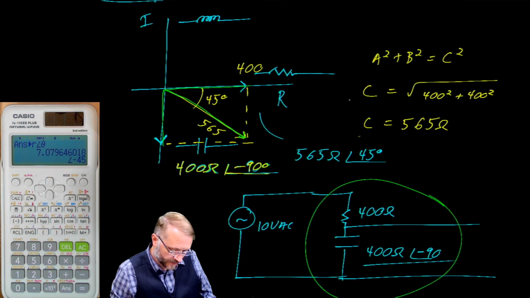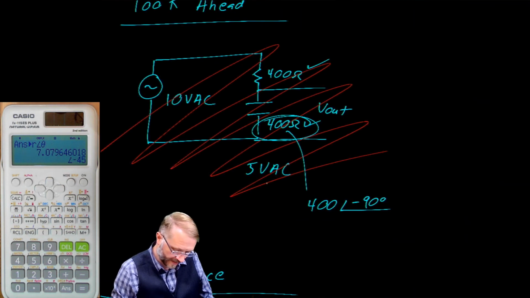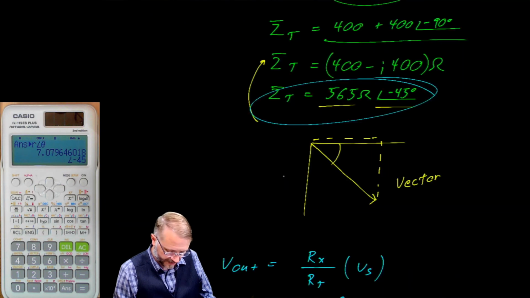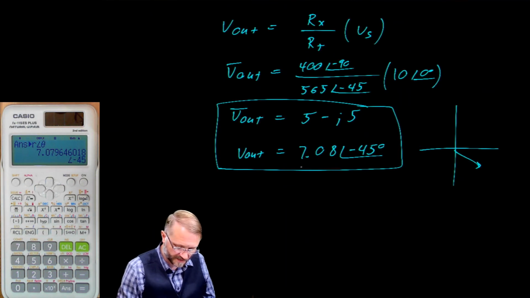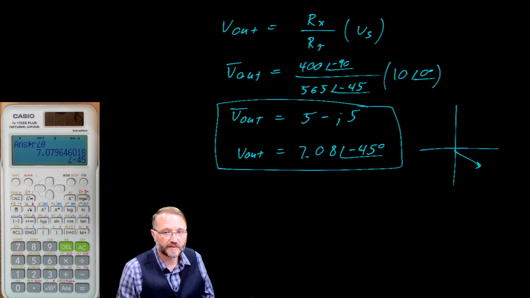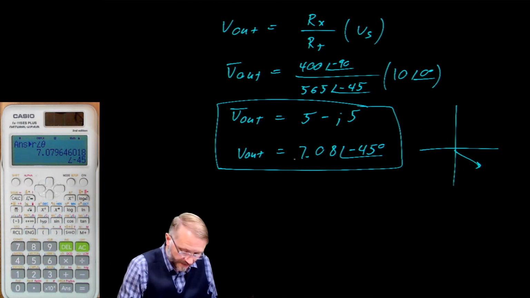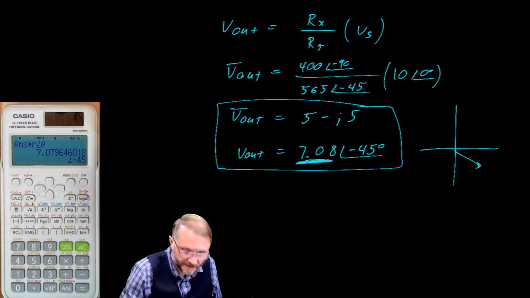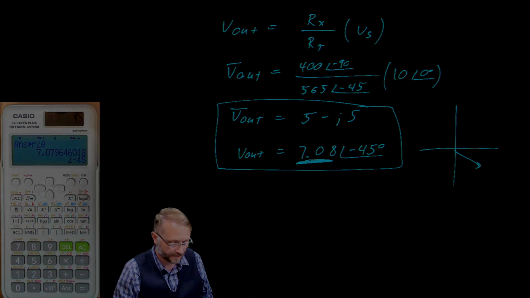So the answer was not 5 volts out. It was much more interesting than that. It was actually an output voltage of 7 at an angle of negative 45 degrees. If you were to use your meter, this is what you would measure. You would have measured 7.07 volts.